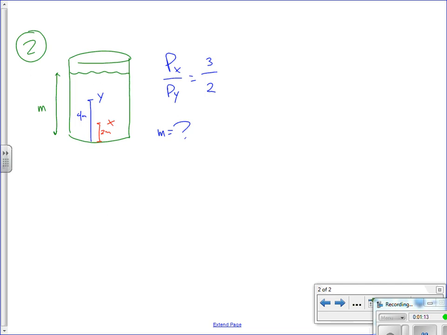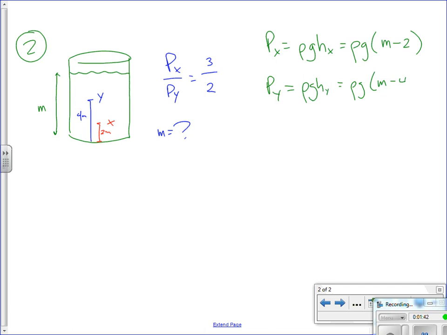When they say atmospheric pressure equal to 0, that means we can just deal with gauge pressures only. So pressure X is rho G times H, that's rho G times m minus 2. Py is rho G H Y, or rho G m minus 4.